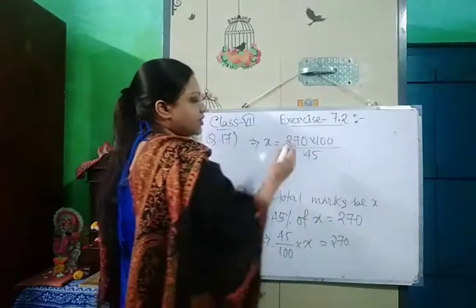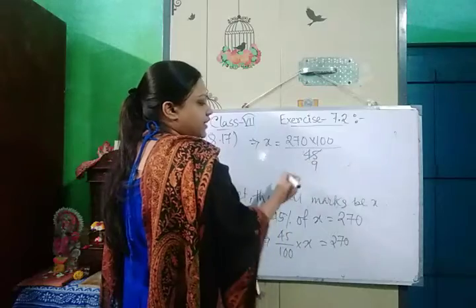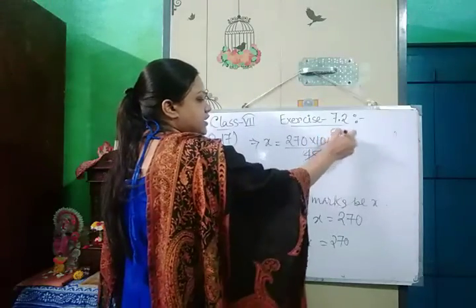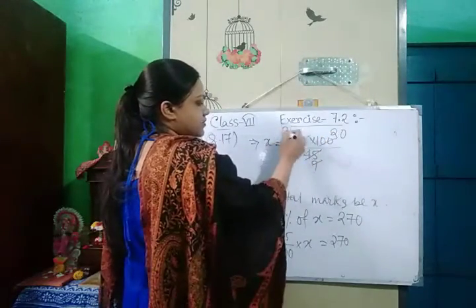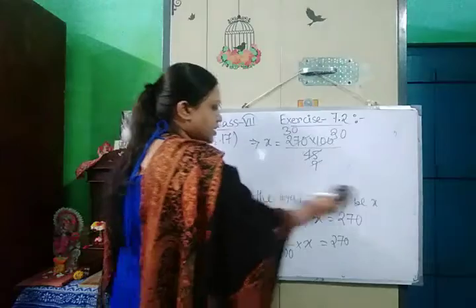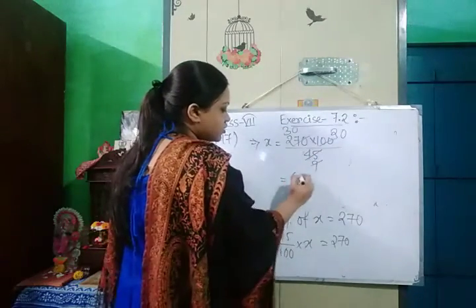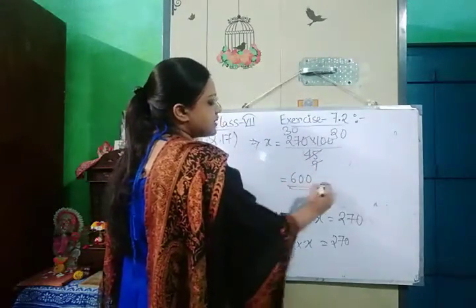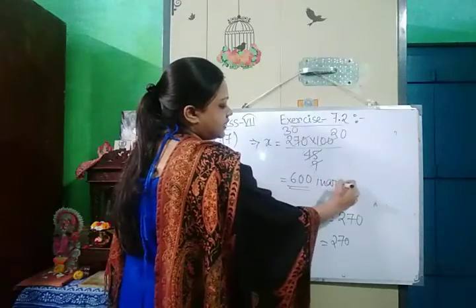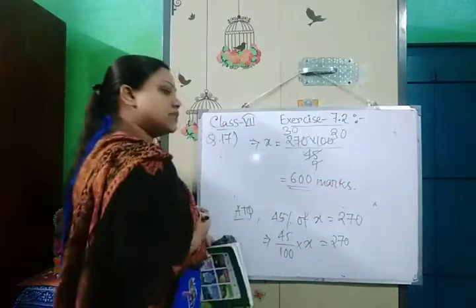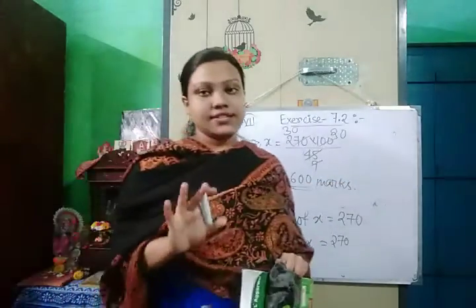Now we will do cancellation. 5 9s are 45, 5 20s are 100, 9 30s are 270. So 3 into 2 is 6, 0 0. So total 600 marks are there in the exam. The total marks for the exam was 600.